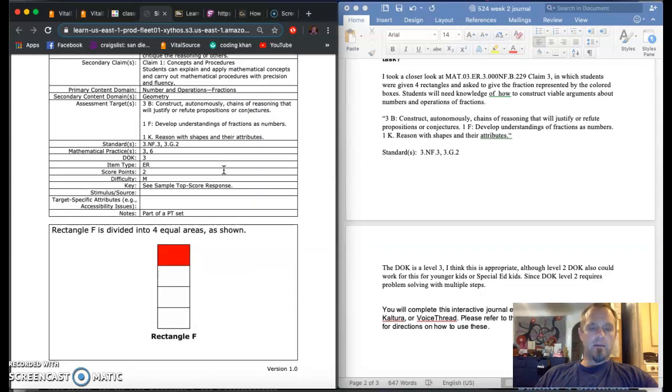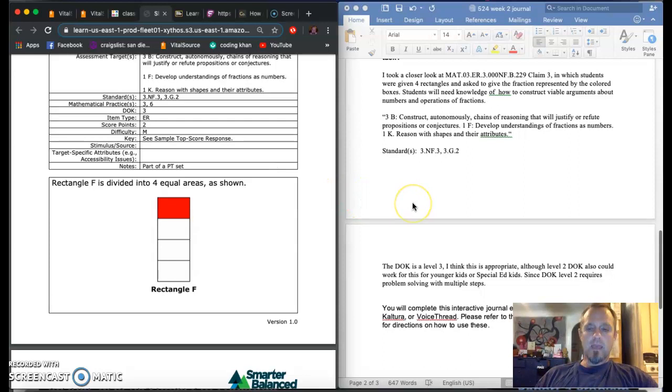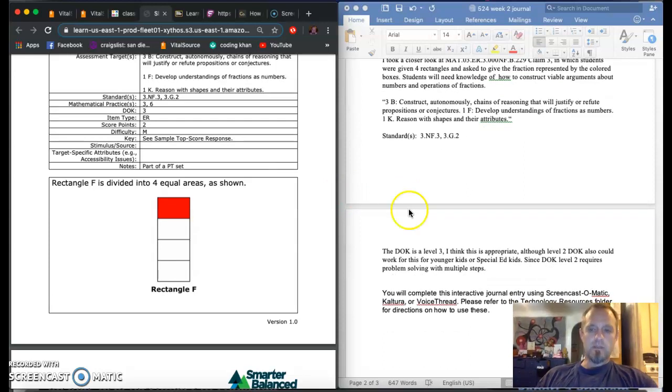And so for a younger child, or maybe a special ed student, they can answer this, I think, using level 2 as well as level 3.